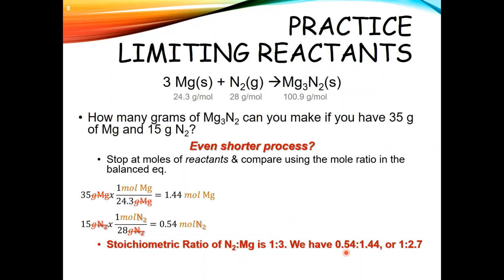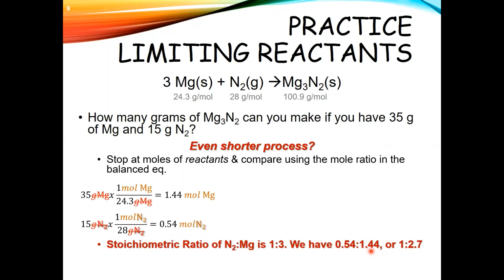The way we're going to do that is whichever of these values is less. So in this case, the 0.54 is less. So we're going to divide both of these numbers by 0.54. So for 0.54 divided by 0.54, that's going to equal 1.